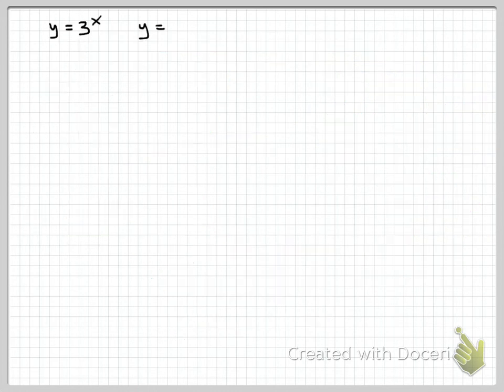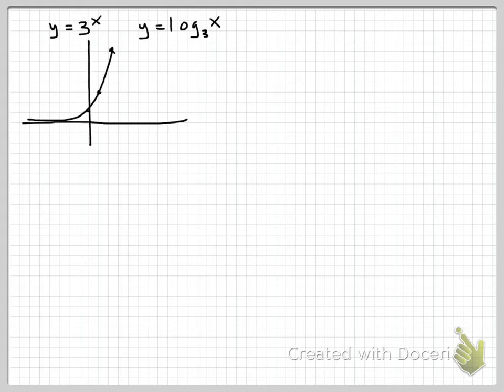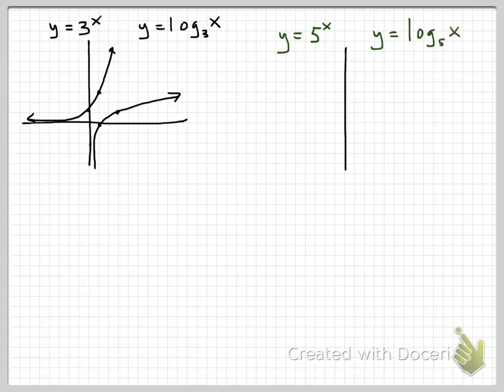In fact, this is true of really any exponential function. For example, if I had the exponential function 3 to the x, something that's tripling over time, then its inverse function would be log base 3 of x. Or if I had 5 to the x, then its inverse function would be log base 5 of x.